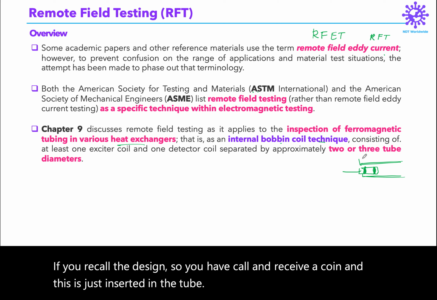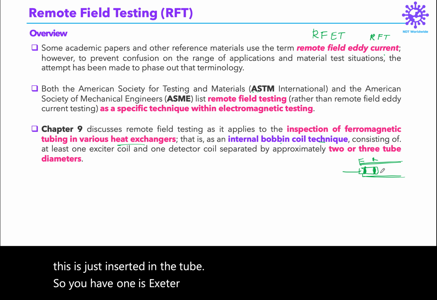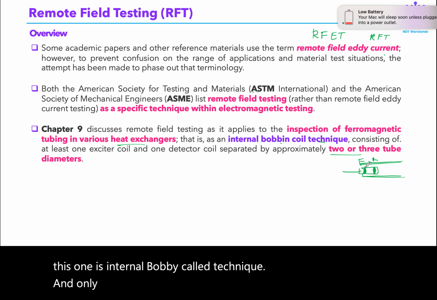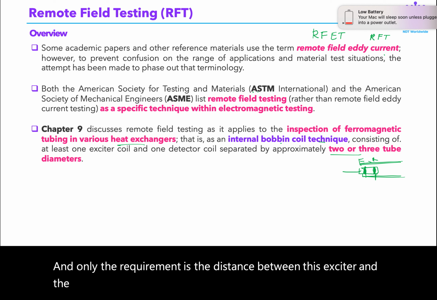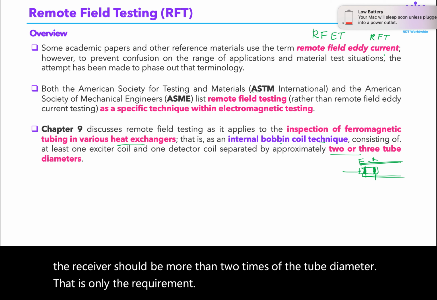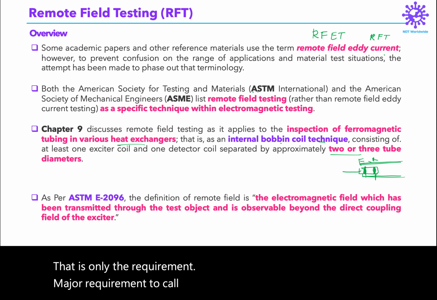The only requirement is that the distance between the exciter and the receiver should be more than 2 times the tube diameter. That is the major requirement to call it remote field testing.